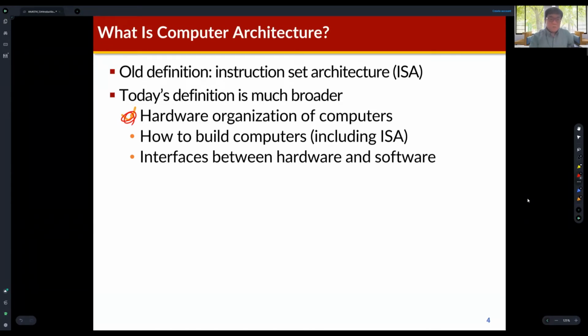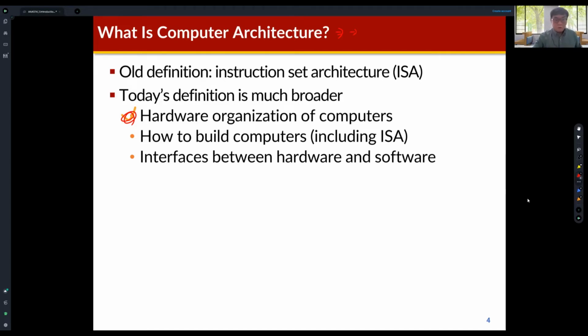Definitely, computer architecture handles the hardware organization of computers. Okay? So if we talk about computer architecture, we focus on the hardware of computer systems, like the processor architecture or memory system architecture.